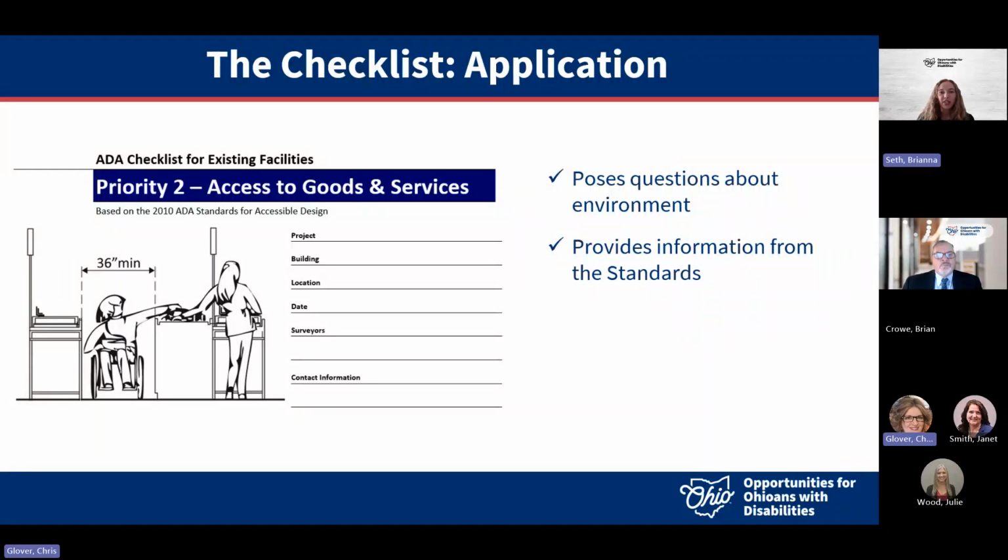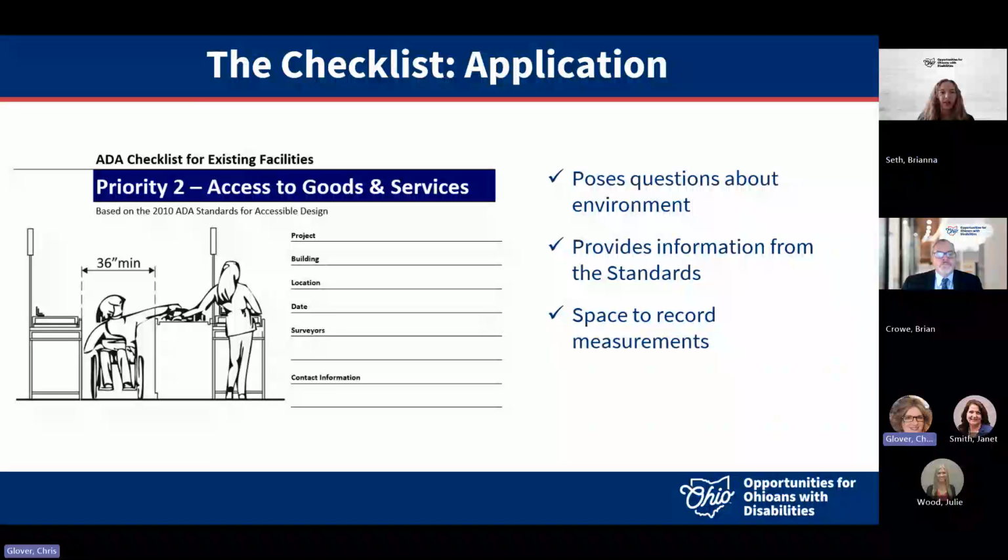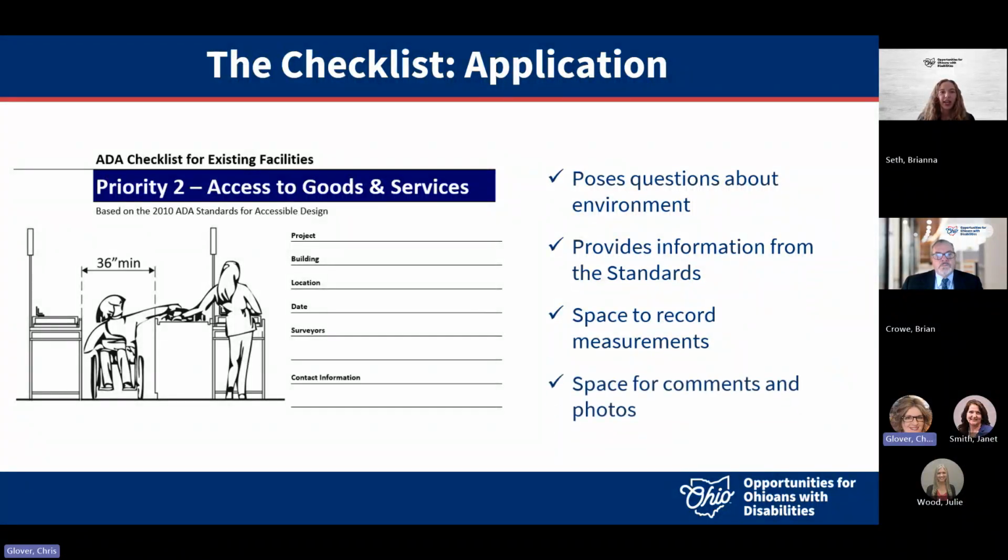The checklist offers a space to record the measurement and an opportunity to answer yes or no to the question. It also has spaces to add comments and photos. In the last column, it provides information which can help with removing the barriers identified. Brianna, the last column you mentioned relates to overcoming the identified barriers in the environment.